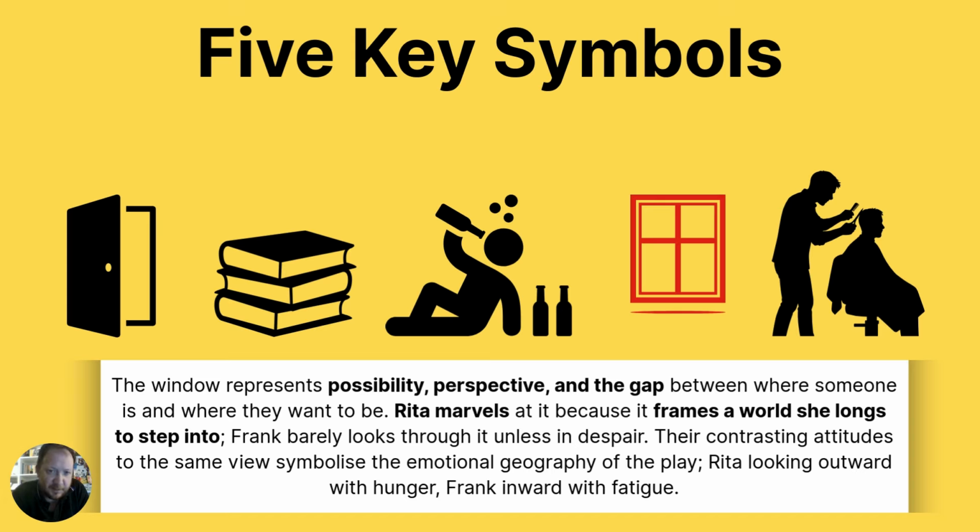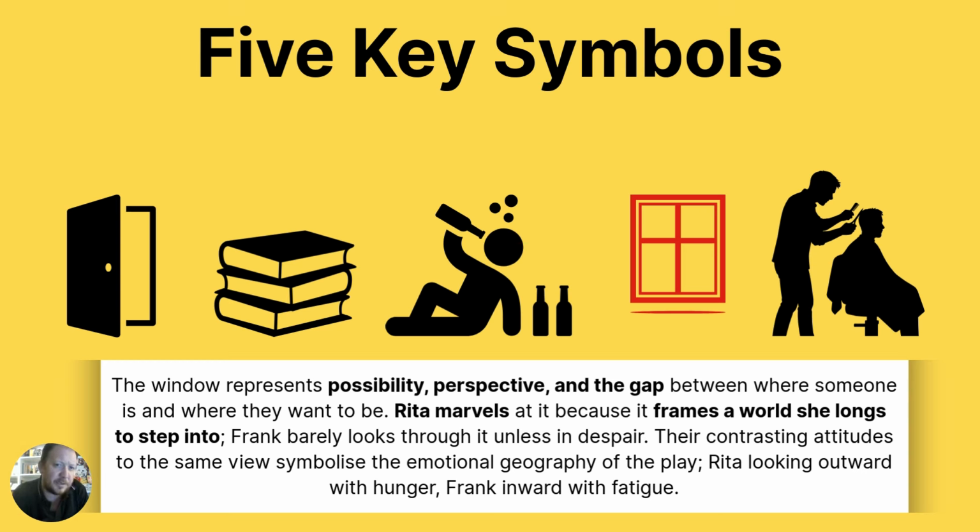Rita marvels, a lovely verb there, marvels. What does marvel mean? When you're in love with, infatuated by something, fond of something. She marvels at it because it frames a world she longs to step into. Long as in desires there, it frames a world she desires to step into.